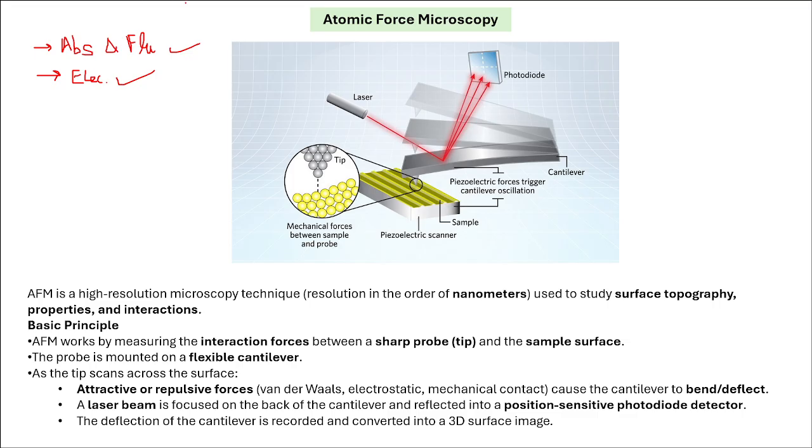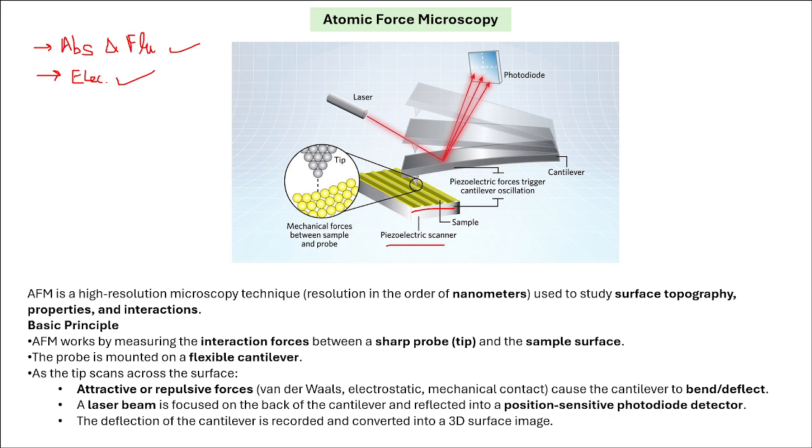Now, the next technique is atomic force microscopy. What happens in this atomic force microscopy? This is the setup. This is the laser. This is the piezoelectric forces trigger cantilever oscillation. This is the small cantilever that moves through the surface. This is your sample.